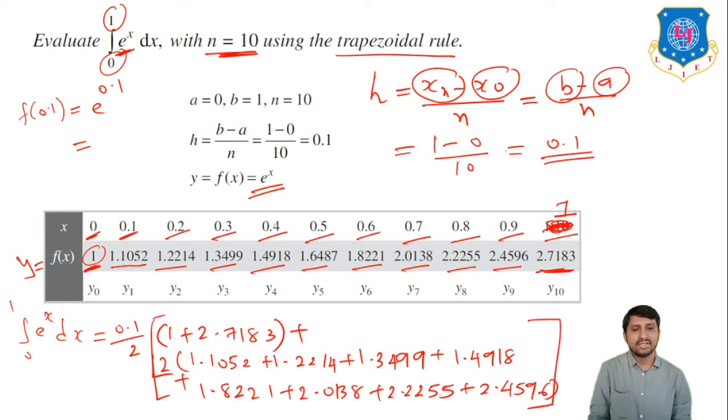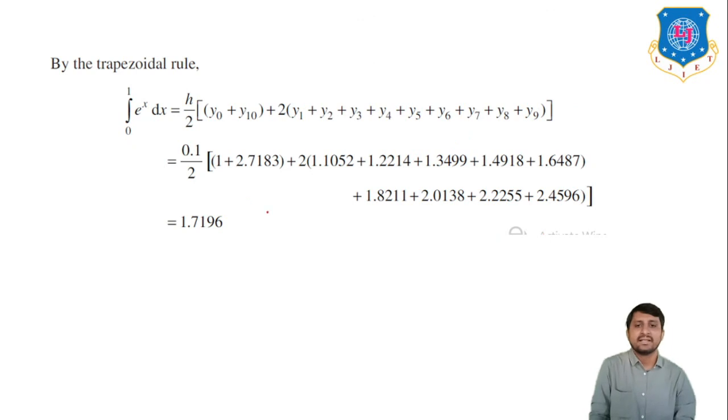All these values you can easily calculate using your calculator. You can see the steps I have written here, and the final answer is 1.7196. So using your calculator you can easily find this value.